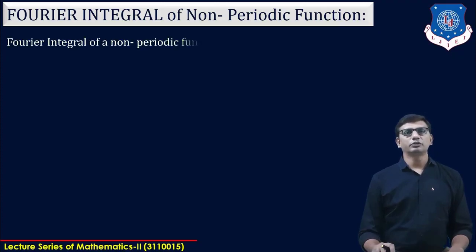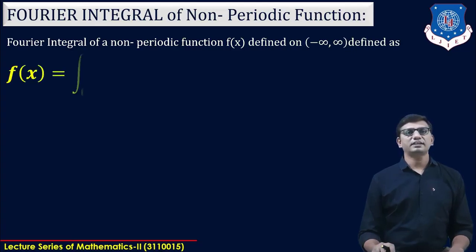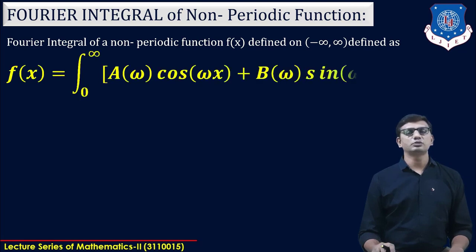The Fourier integral of a non-periodic function f(x) defined on minus infinity to infinity is given by f(x) equal to integration 0 to infinity of A(omega) cos omega x plus B(omega) sin omega x d omega.